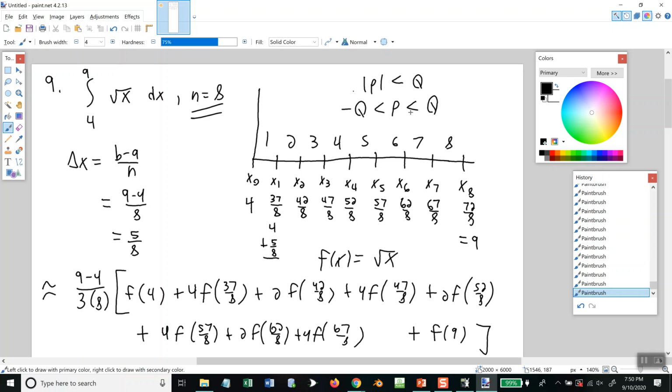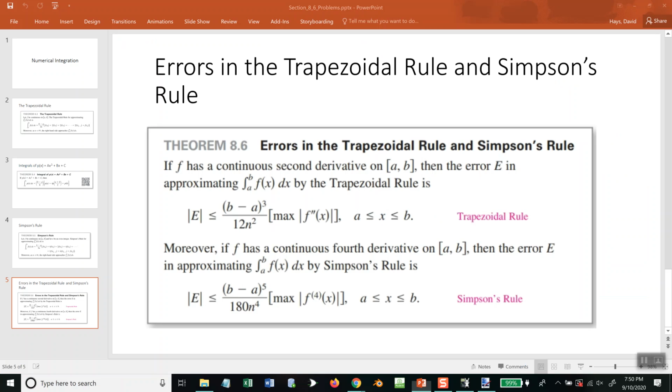So you can have an error on both sides, like a range, and the goal is to reduce that range to as small as possible. It's equal to (b minus a) cubed over 12 n squared.